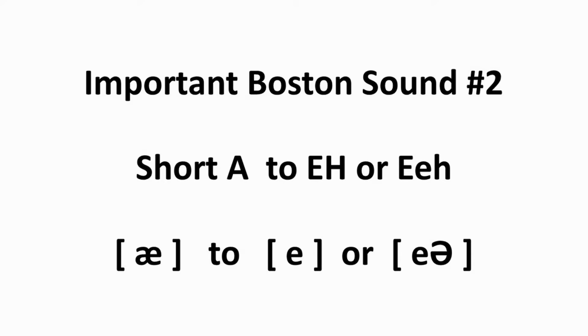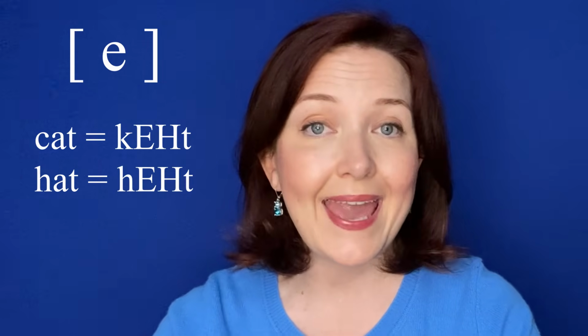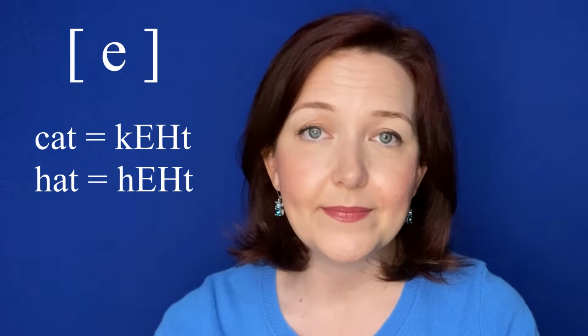Great. Moving on. Important Boston sound number 2, a to eh. You have a couple of options for how you can handle the short A sound, as in cat or hat. One option is to simply turn it into a pure vowel eh sound, making the words ket or het.